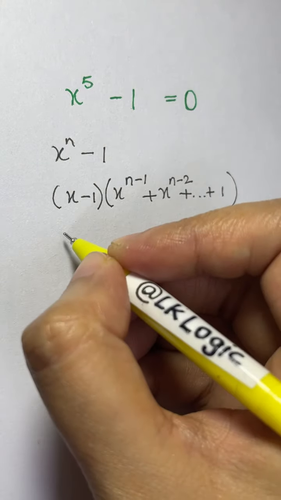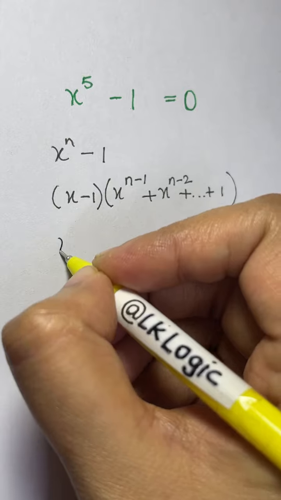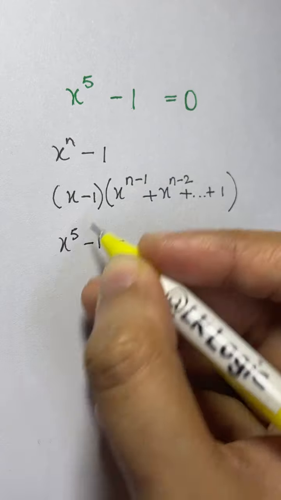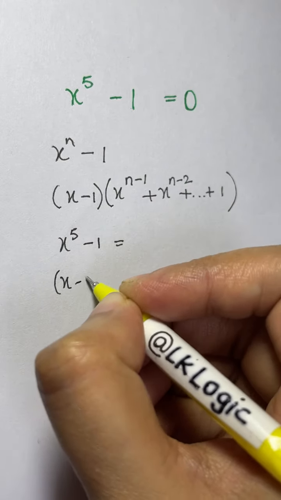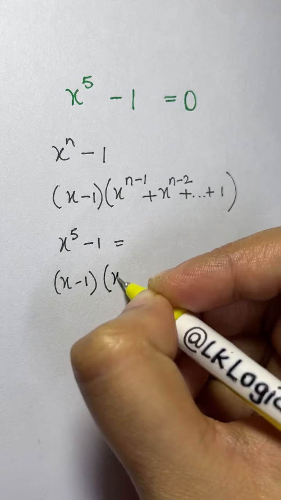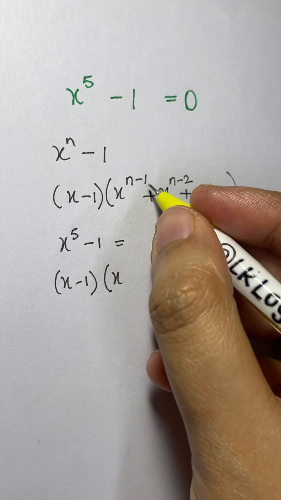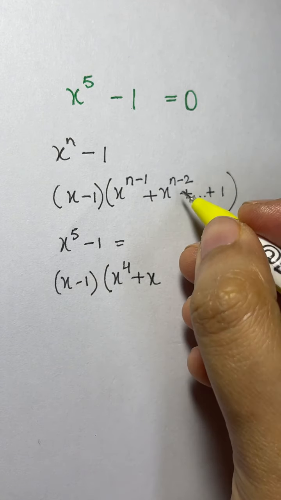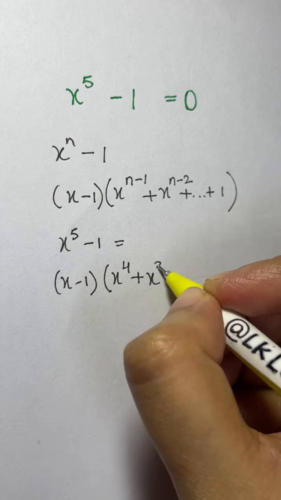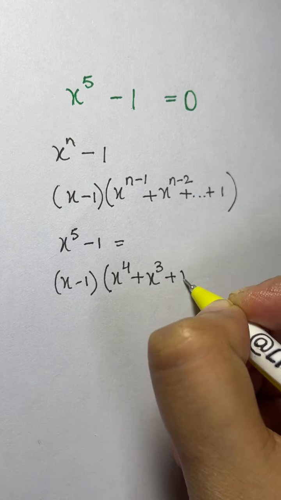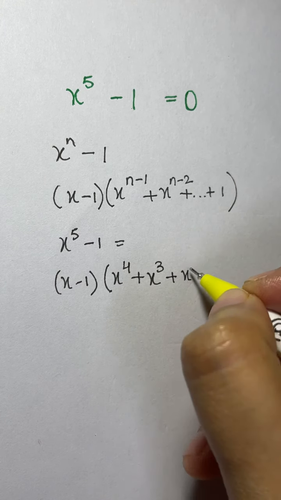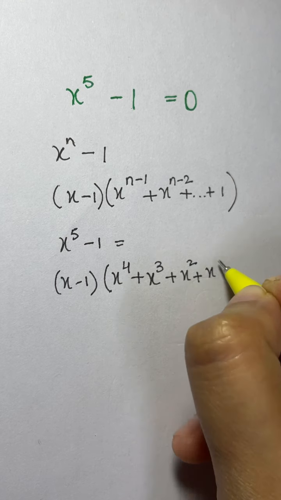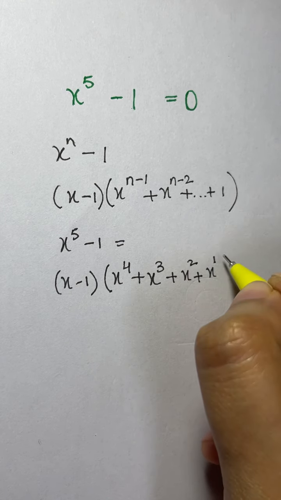So we are going to get x to the power of 5 minus 1 equals to x minus 1 into x to the power of n minus 1, that is 5 minus 1, that is 4, plus x to the power of 5 minus 2, that will be 3, plus x to the power of 5 minus 3, that will be 2, plus x to the power of 5 minus 4, that will be 1, then x to the power of 5 minus 5, that will be 0.